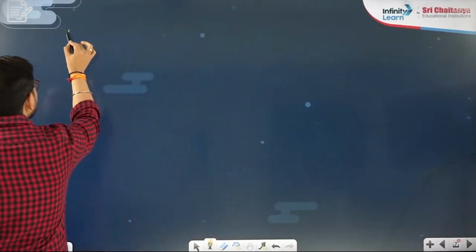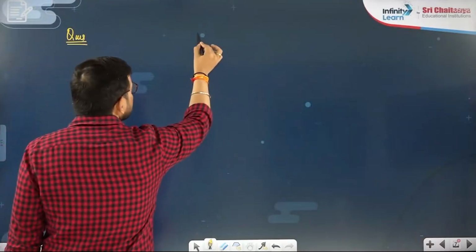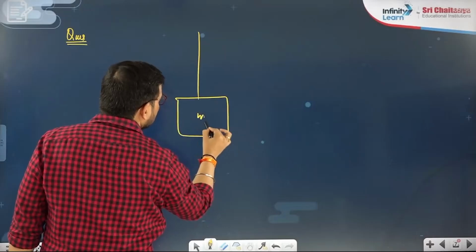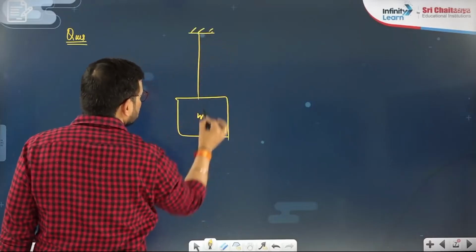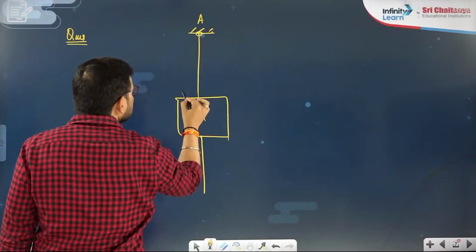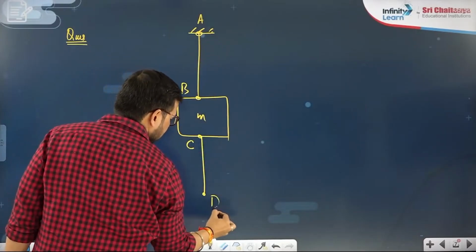One question I am asking from my side here, Newton's first law, ending question. Suppose this is a rope and this is a block. And there is one more block here. Let's label this point as A, that point B, that point C, and that point D. Right?